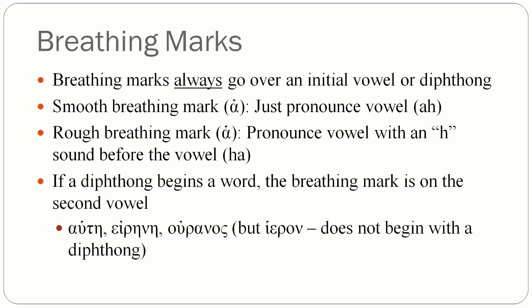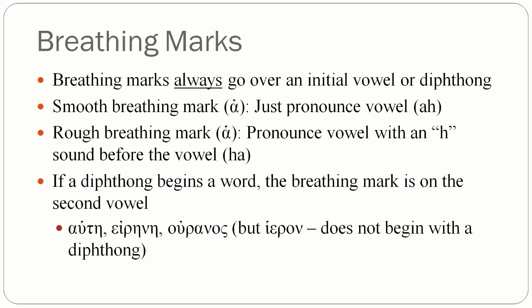This one is less common, but when you see it, you will pronounce the vowel sound, but you will put an H sound before the vowel. In this example, an alpha with a rough breathing mark over it, you would pronounce it ha. An H sound before the alpha sound.